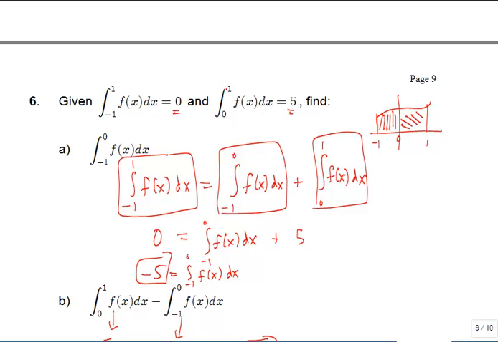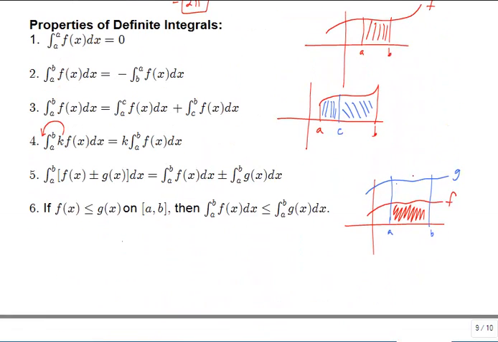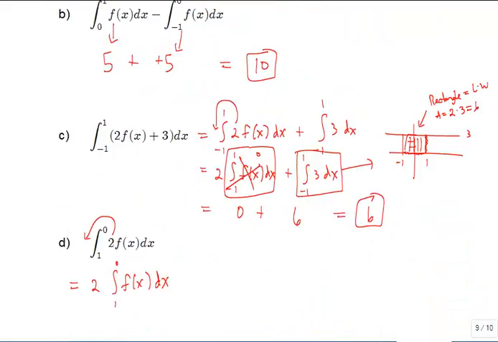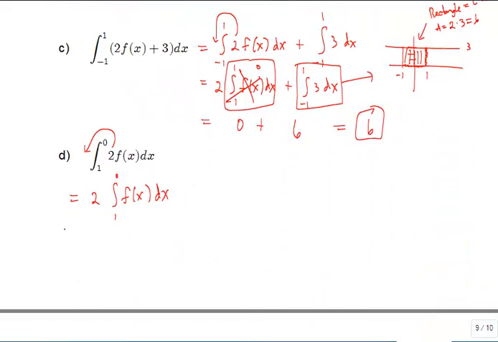We don't know the integral from 1 to 0, but we have this property up here that says if you switch the bounds of integration around, you take the opposite sign out front. So if I want the integral from 1 to 0, I can switch the bounds and change it to 0 to 1, but in order to do that switch, I need to put a minus out front.